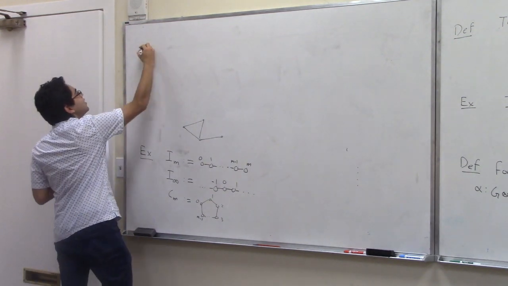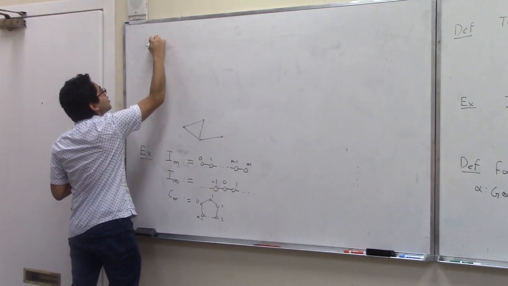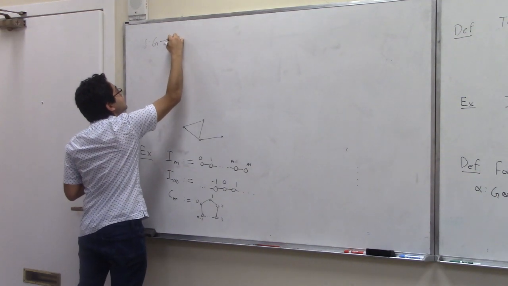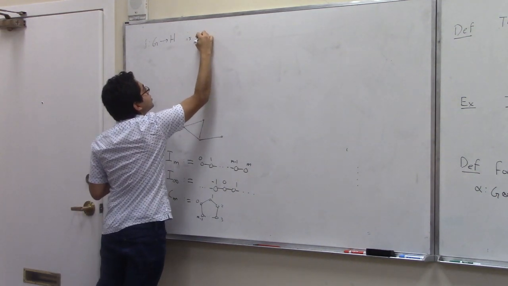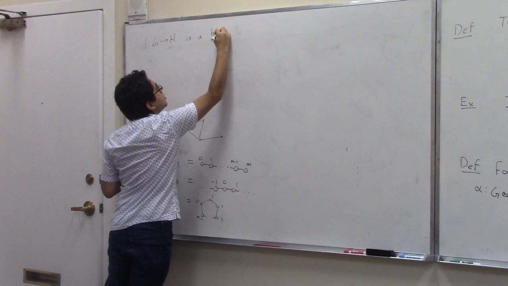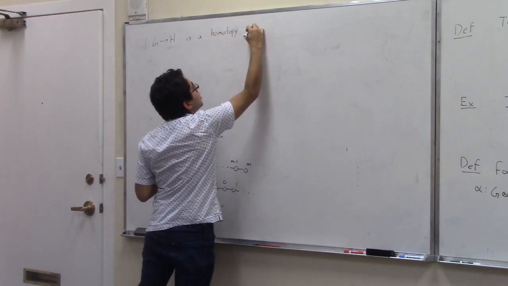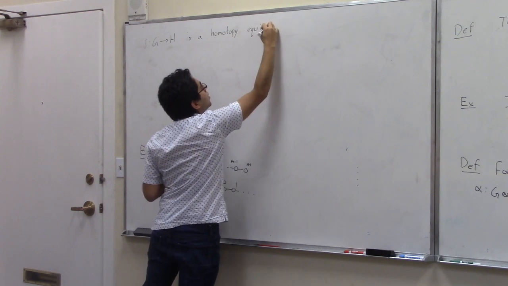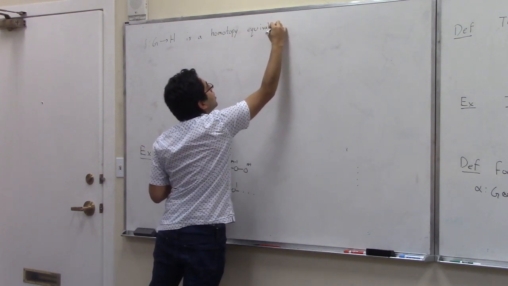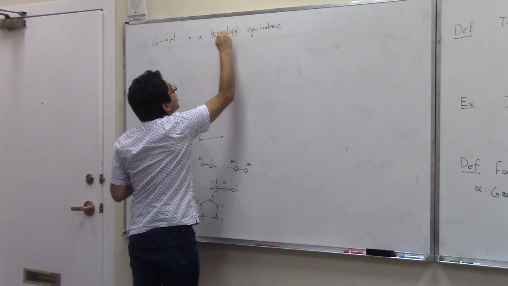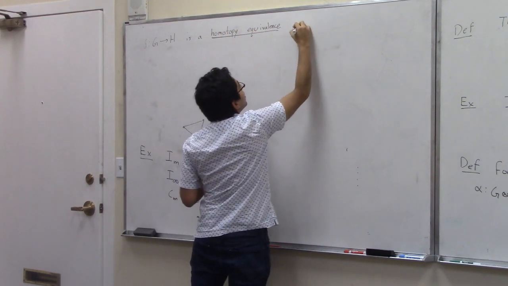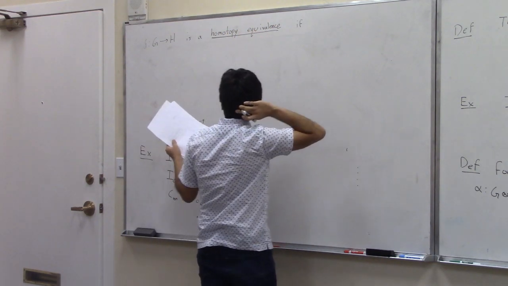Homotopy equivalence. OK, so we say that a graph map F is a homotopy equivalence if there is a map back with two inverses.